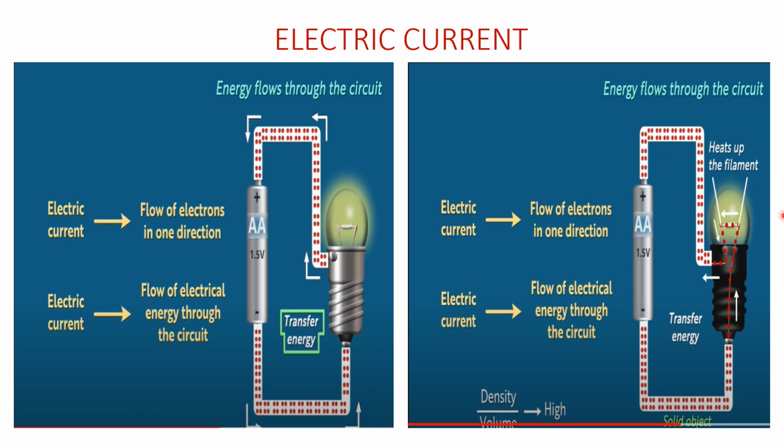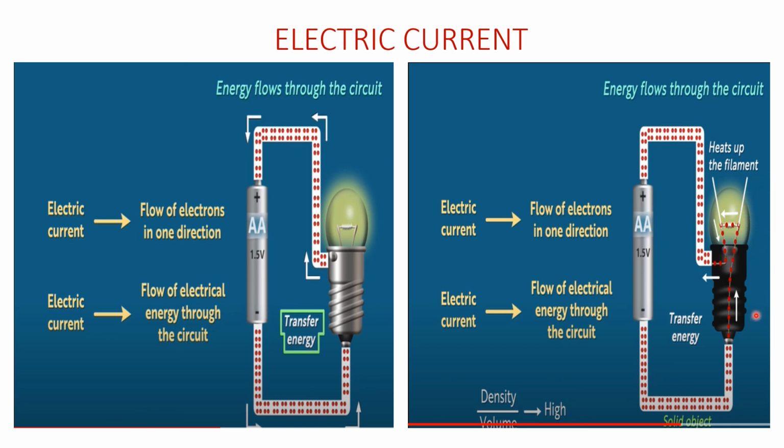What makes the bulb glow? So here, children, when the energy gets transferred from the wire to one terminal, it moves across both the filaments, and as we know, the electrical energy gets converted to heat energy, and it heats up the filament in the bulb, and this in turn makes the bulb glow and give us light.